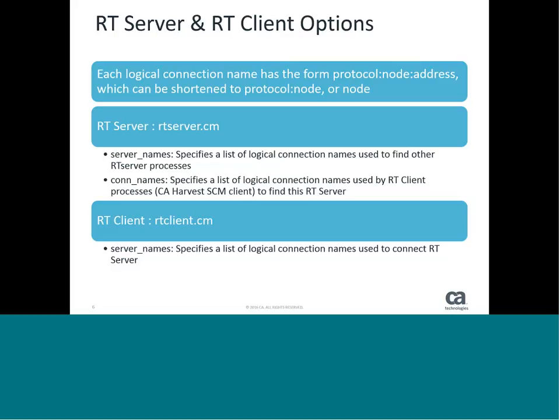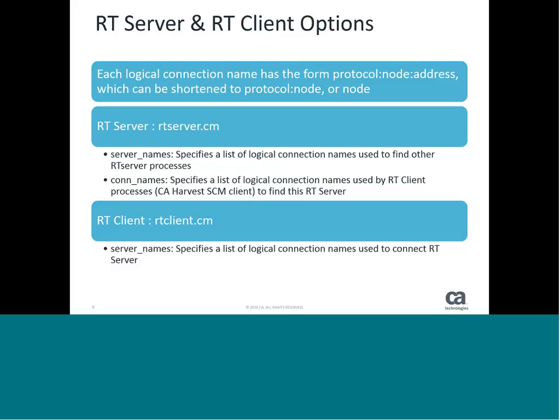Enterprise Communicator supports various protocols, but when we see Harvest, we usually use TCP. And node will be the node name of the machine on which the RT server is running, and address is a port on which RT server is listening. So by default, it will be like TCP:node name of the machine on which RT server is running:port. By default, it's 5101, but depending upon the configuration needs, we can configure any other port as well.